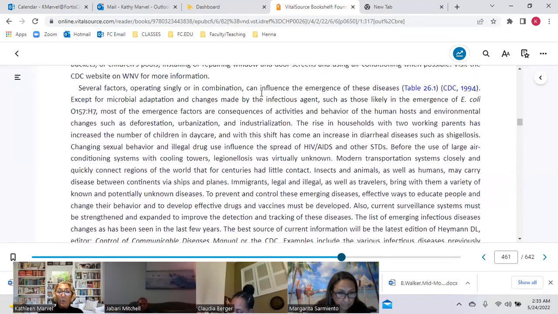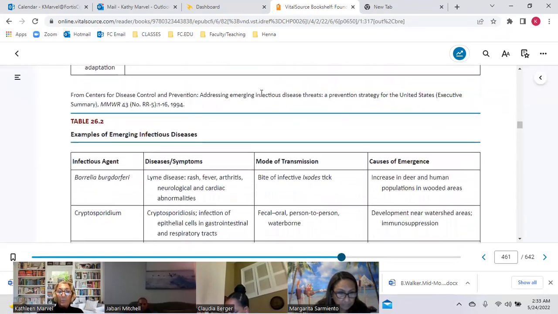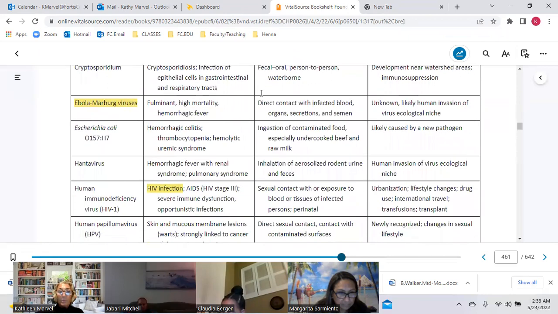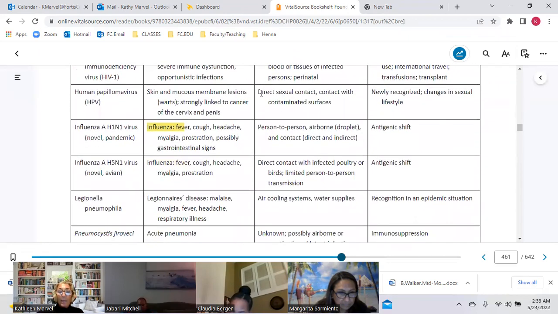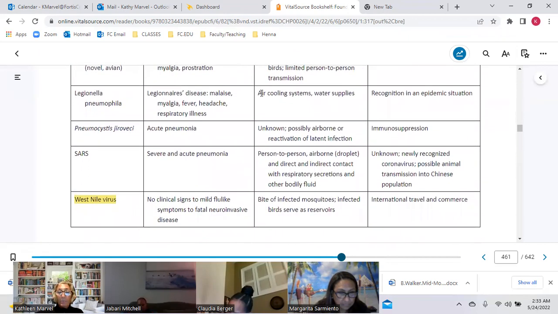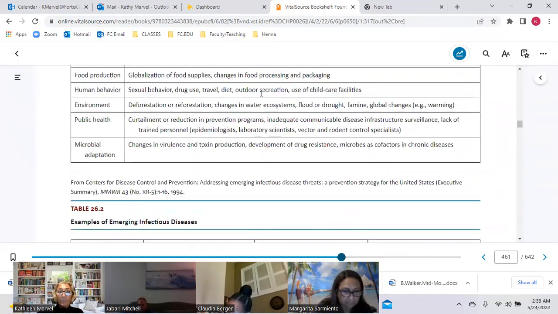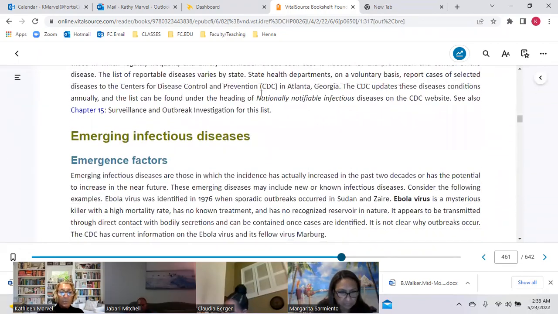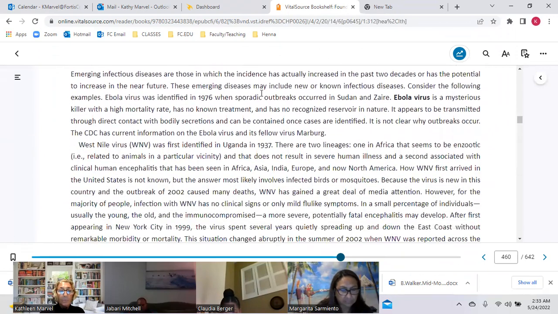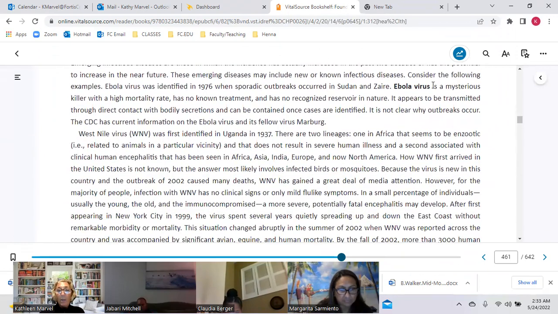I just want you to know what the 4 are. Okay. Second is HIV. Third is West Nile. I should be highlighting these. Ebola, West Nile.